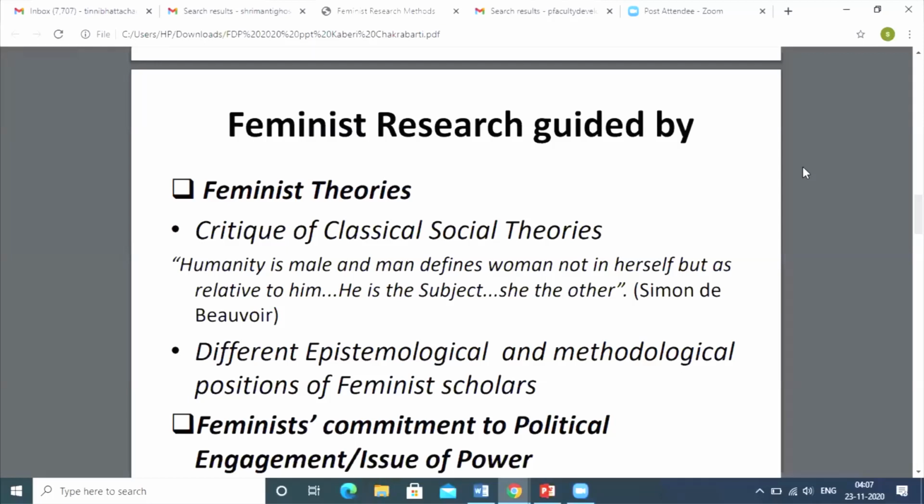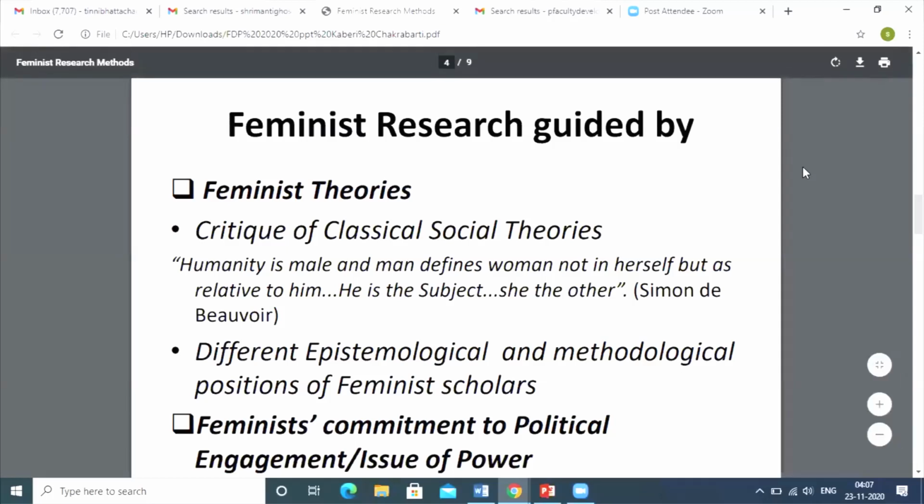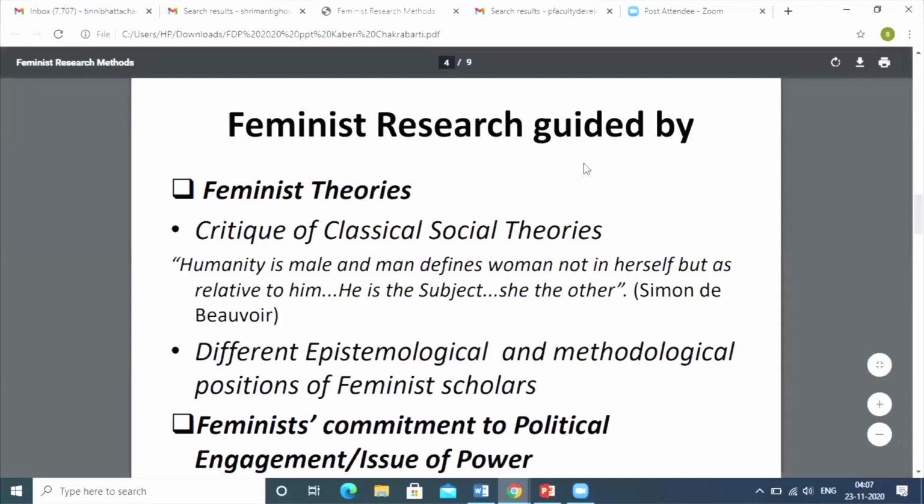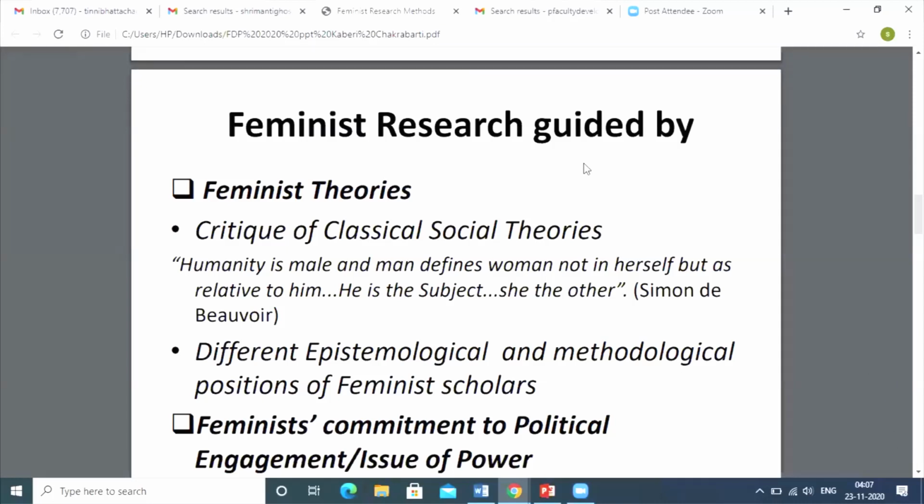They believe that there are implicit masculinist assumptions in classical social theories, privileging male positions or male perspectives. So, how social researchers have been guided by these male perspectives, ignoring, marginalizing or silencing women's voices, experiences, and perspectives, and how women have been defined as the other to male norms of scientific or objective cultures.